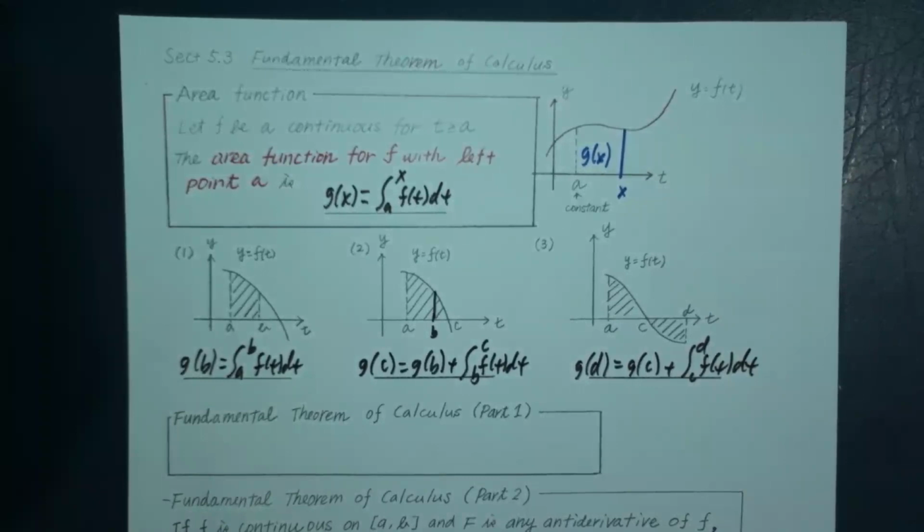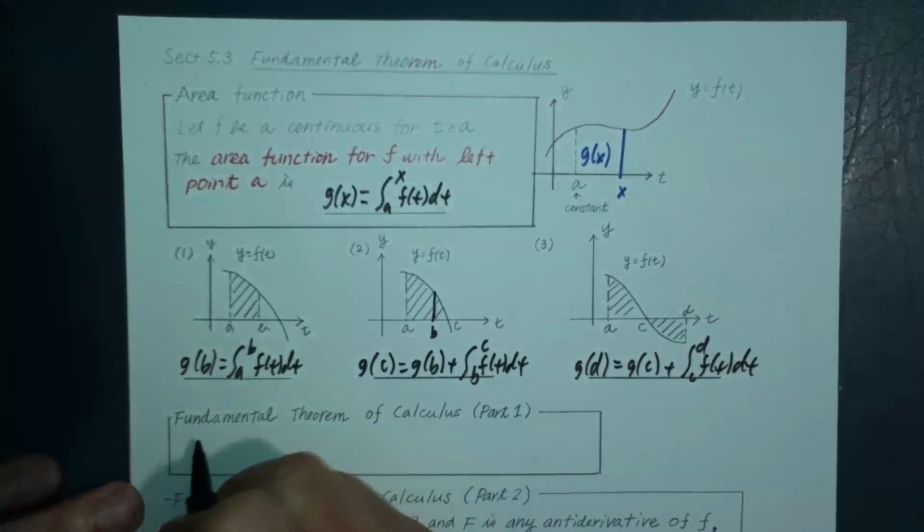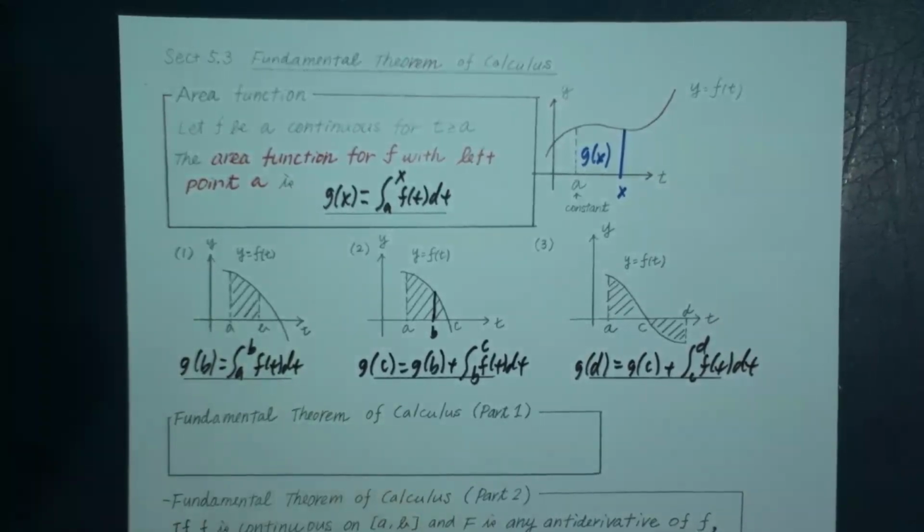So let's talk about the fundamental theorem of calculus, part one. This is the whole idea. The people that came up with calculus quickly came to realize that the derivative and antiderivative were connected, even though they each one solved two very different problems. One of them had to do with velocity, with the derivative, and the other one had to do with area, which we're looking at now. And the two are actually almost the same but opposite sides of the same coin, sort of.